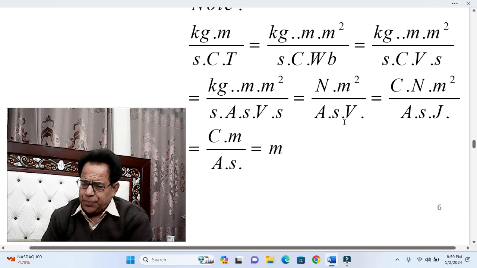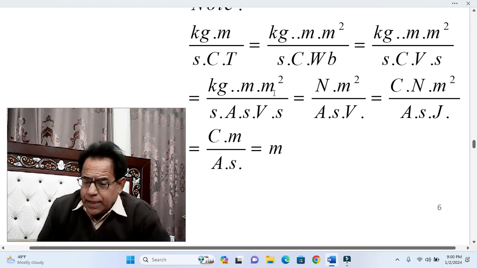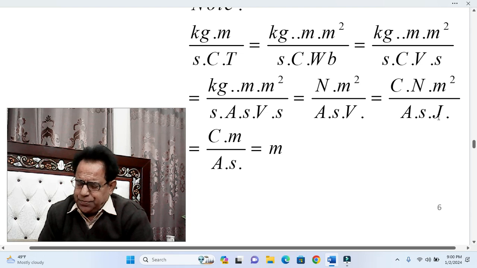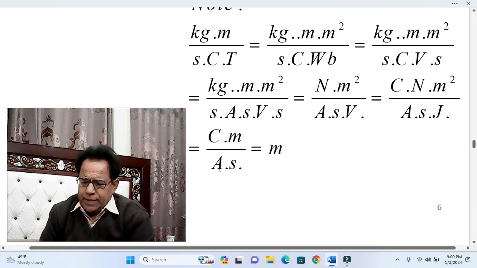Dear students, I have made this picture with difficulty, and I have reached simply meter. Here joule has been introduced, and in the next step, coulomb meter per ampere second, and this is equal to meter.